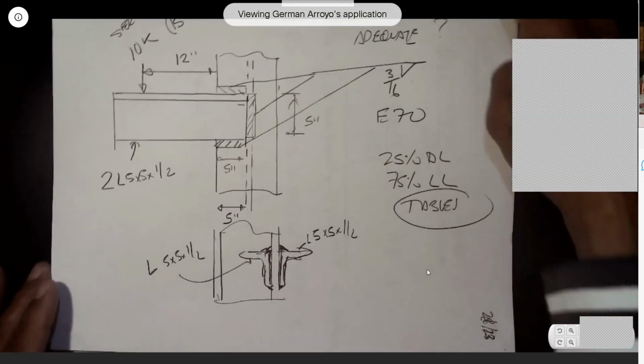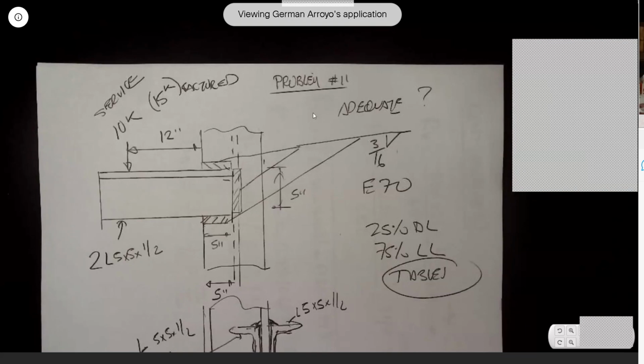Whenever I find my answer to see if it's adequate or not, I'm going to look at 7.5 instead of this, the factored load 15. So instead of looking at the total load, because I'm going to use 50%, 7.5, I have to look at 7.5 only. Because if I forget that there are two angles, I'm going to say that it's no good.